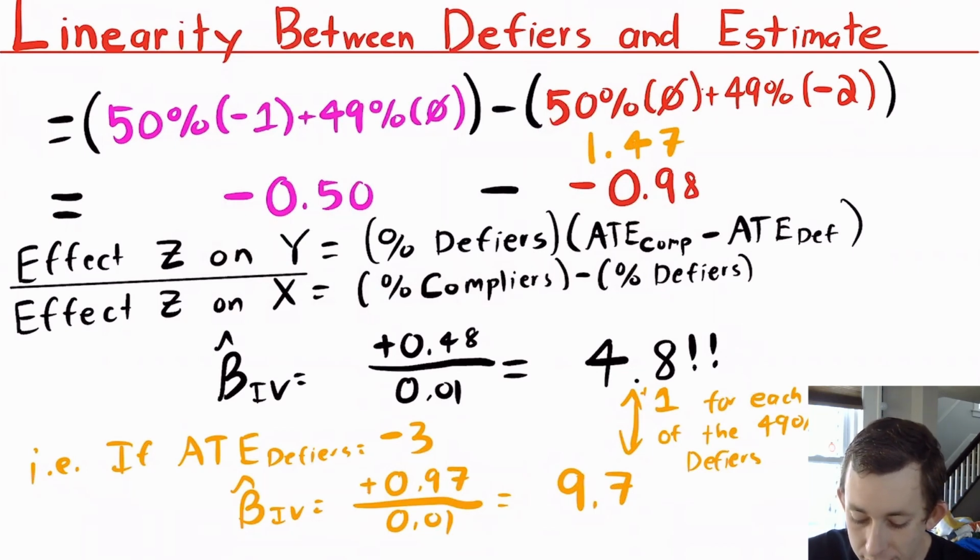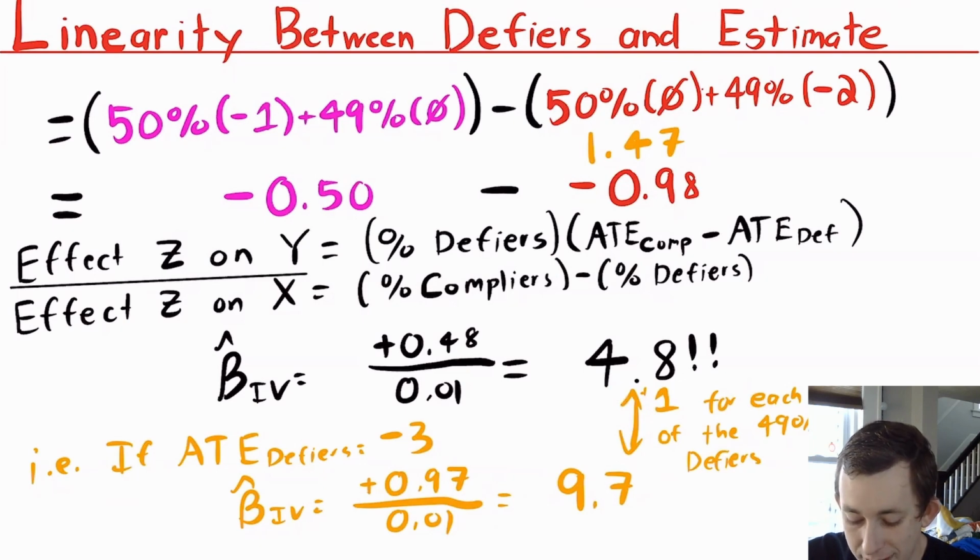It's 4.8. What happens if I crank up the average treatment effect for defiers and make it even more negative, so that having a cat is even more effective on stress level for defiers? Well, if I crank up that ATE for defiers to -3, this is now going to be a -3. I'm going to get 1.47 here. When I take the difference, I'm going to get 0.97, and so I'm going to get 9.7 as my IV estimate, which is even more wild, but notice that this difference here is 4.9.